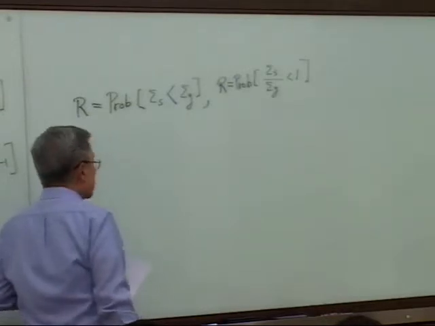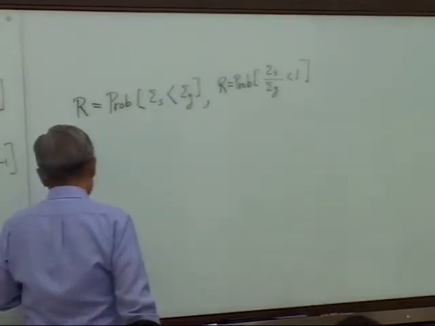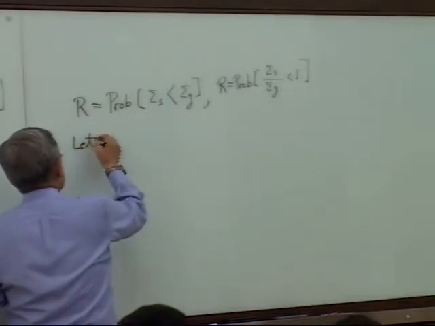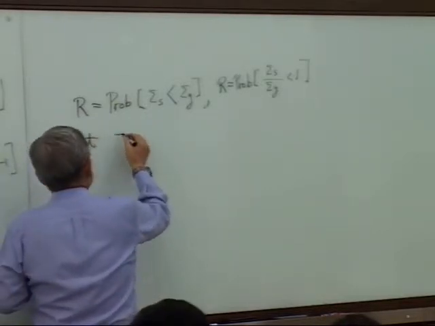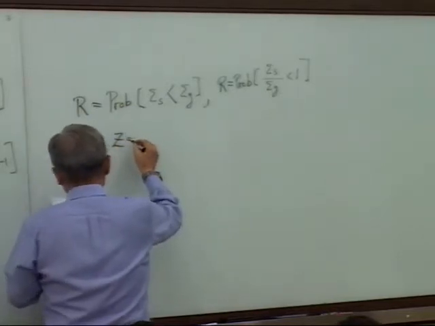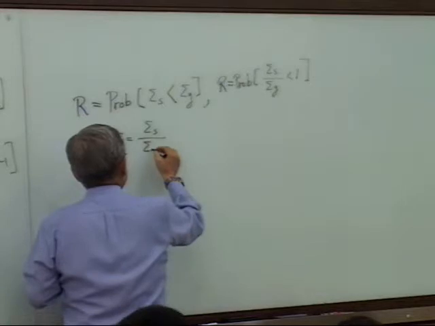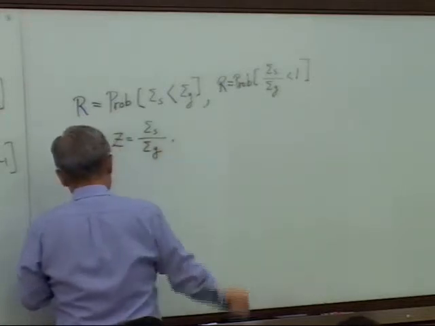So with a little change of variable, let Z equal sigma s over sigma y.